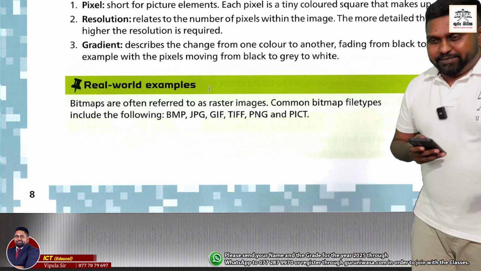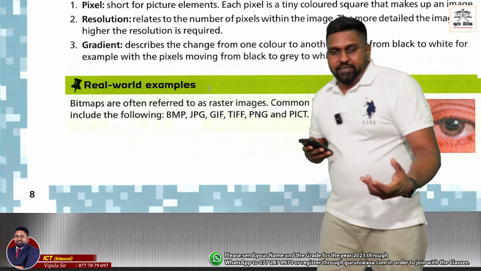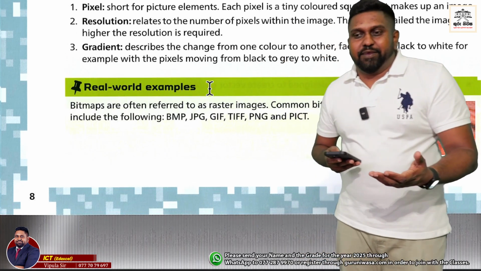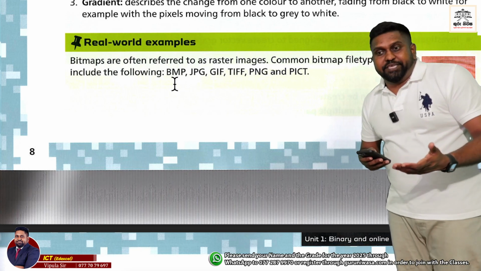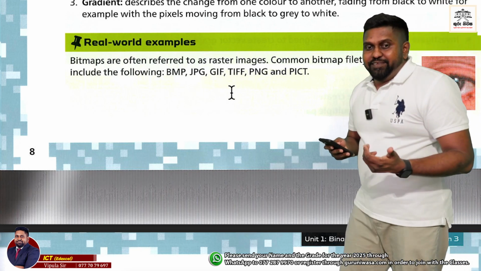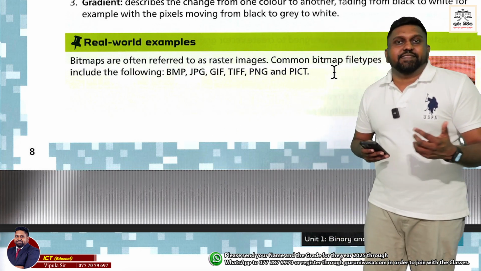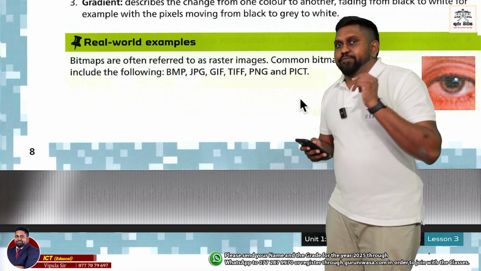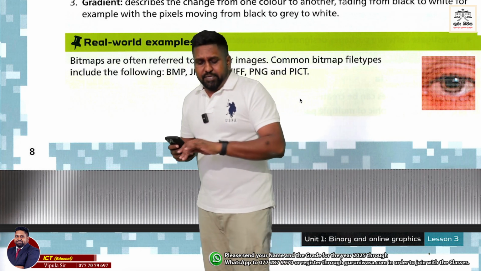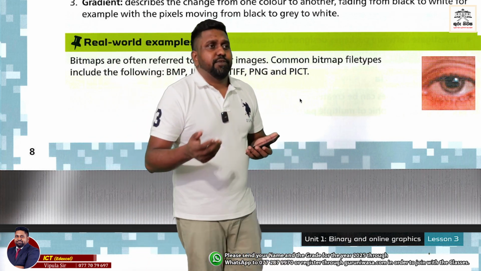For real world examples, we keep this in a particular file type. Primarily we have the file types bitmap, BMP, JPG, GIF, TIFF, PNG and PICT. On top of all these, recently Google introduced an image type known as WebP.